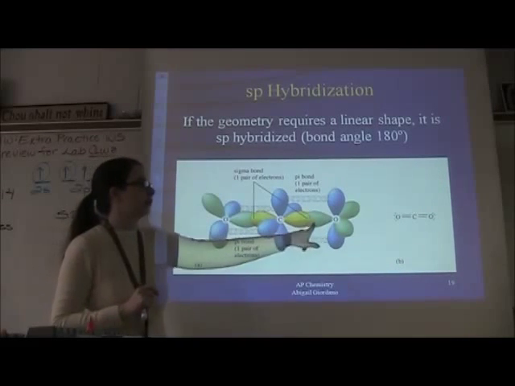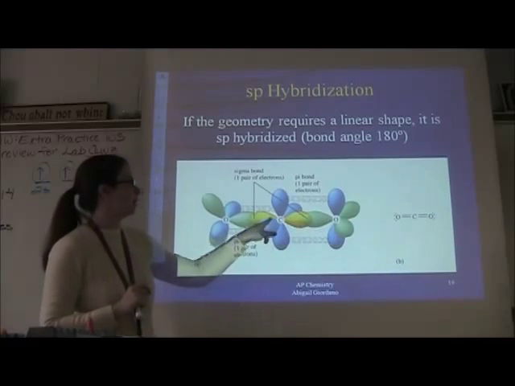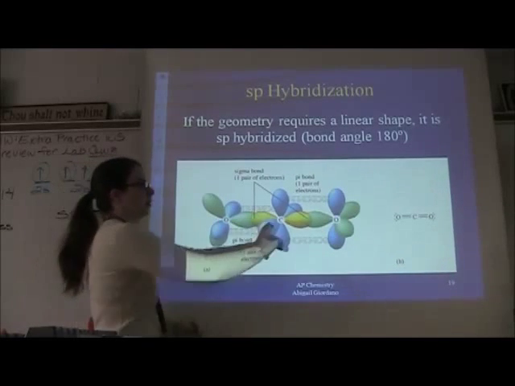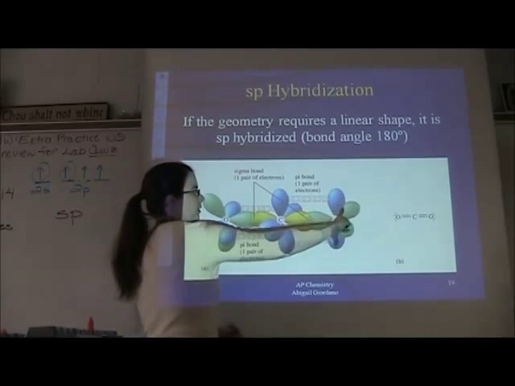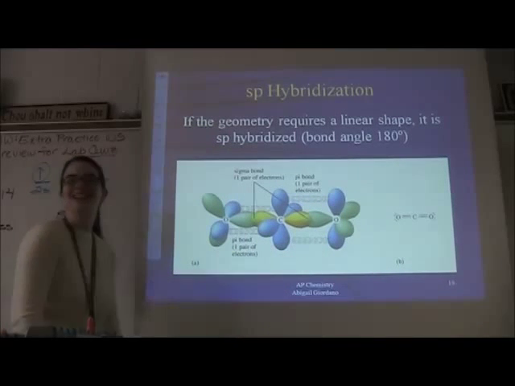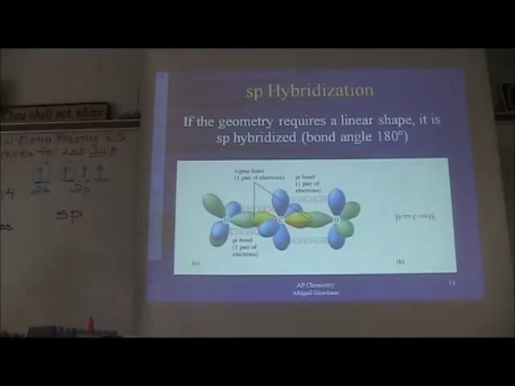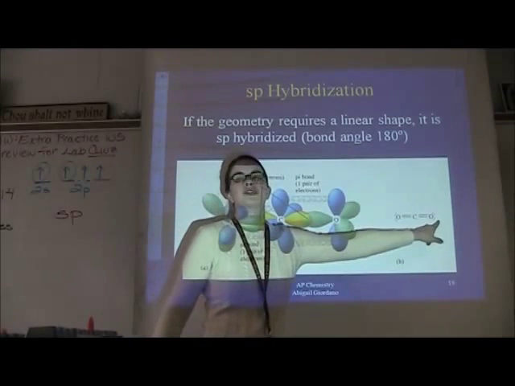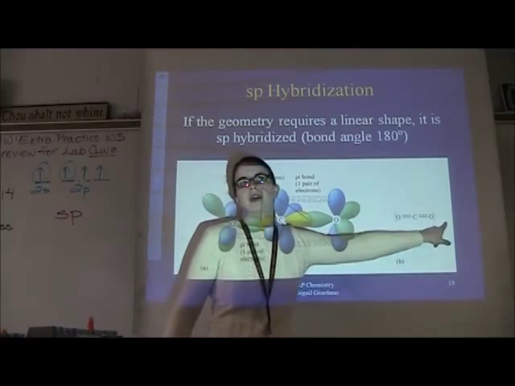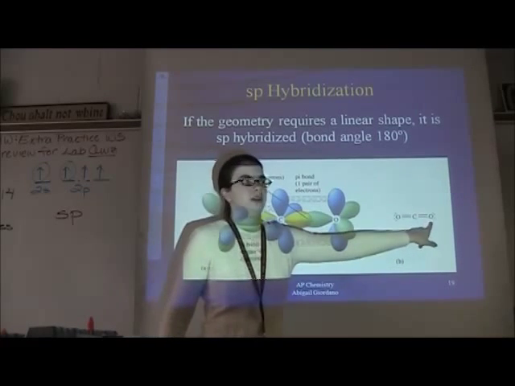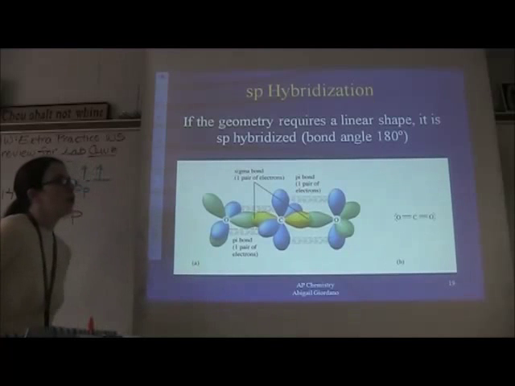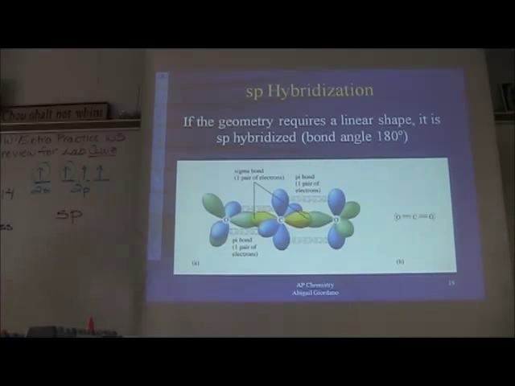Here's a sigma bond, here's a sigma bond, here's a sigma bond. Here's one pi bond, here's another. They are perpendicular to each other. Okay? Please tell me, in this CO2 structure, how many total sigma bonds are there? 2. How many pi? 2. In every example we've done so far, I've been asking you the hybridization around a central atom.